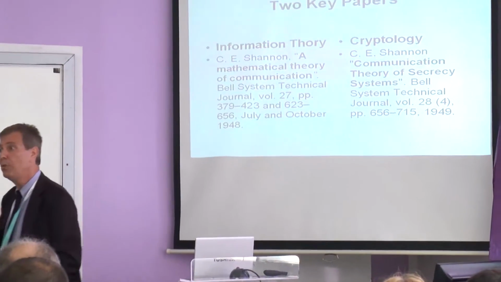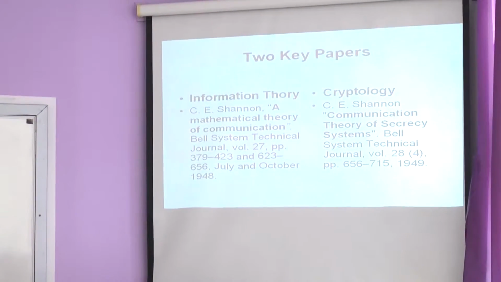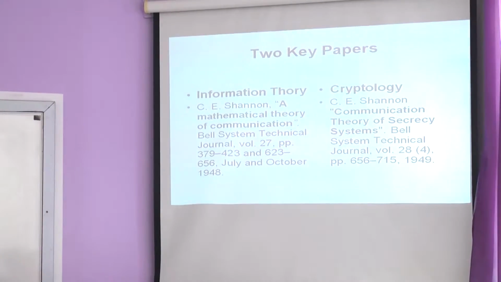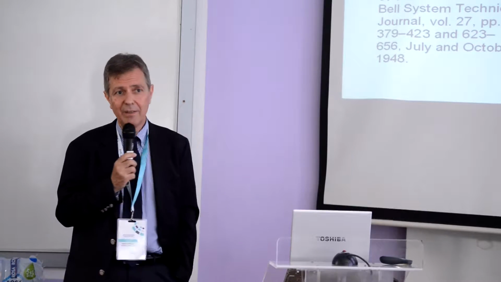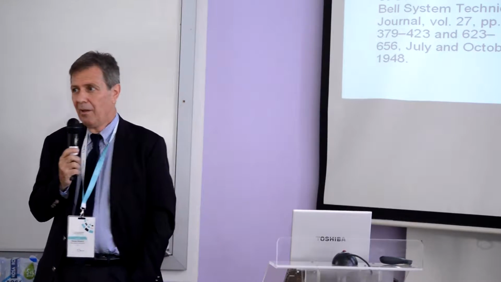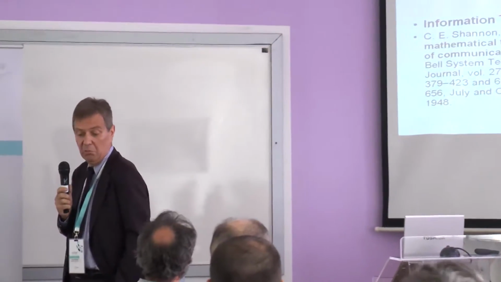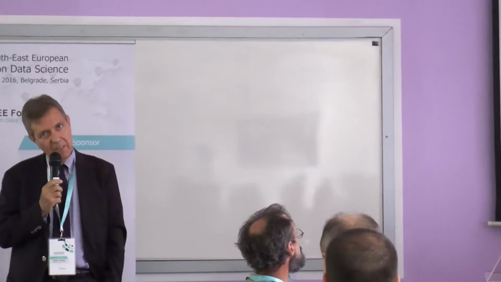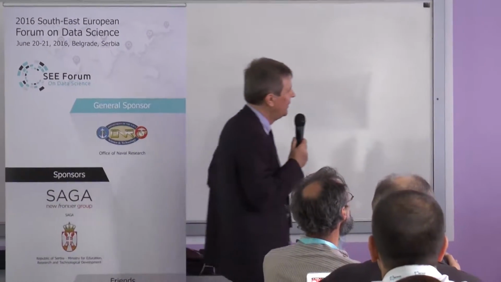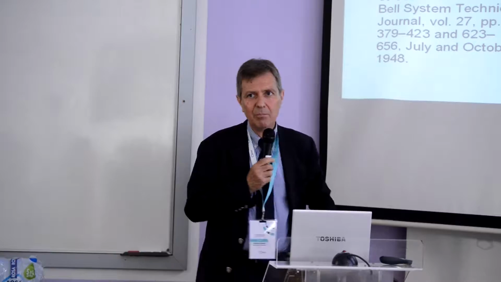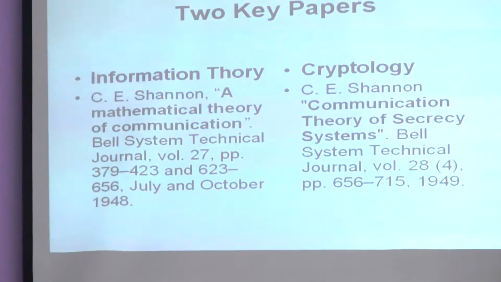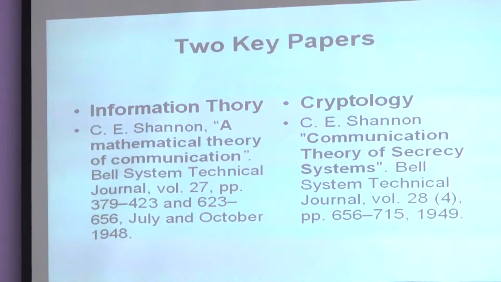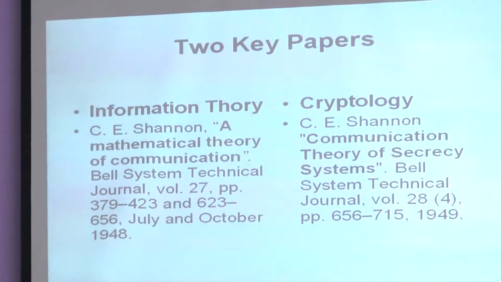And what has happened? He has published 2 key papers just after the Second World War, because during the Second World War he was working on both topics, and he has established information theory on one hand and cryptology on the other side. Some people believe, I don't know whether it is entirely correct, but maybe a bit correct, that this paper has appeared by mistake. Because that paper has shown what is the perfect crypto system, somehow unbreakable crypto system for that time.